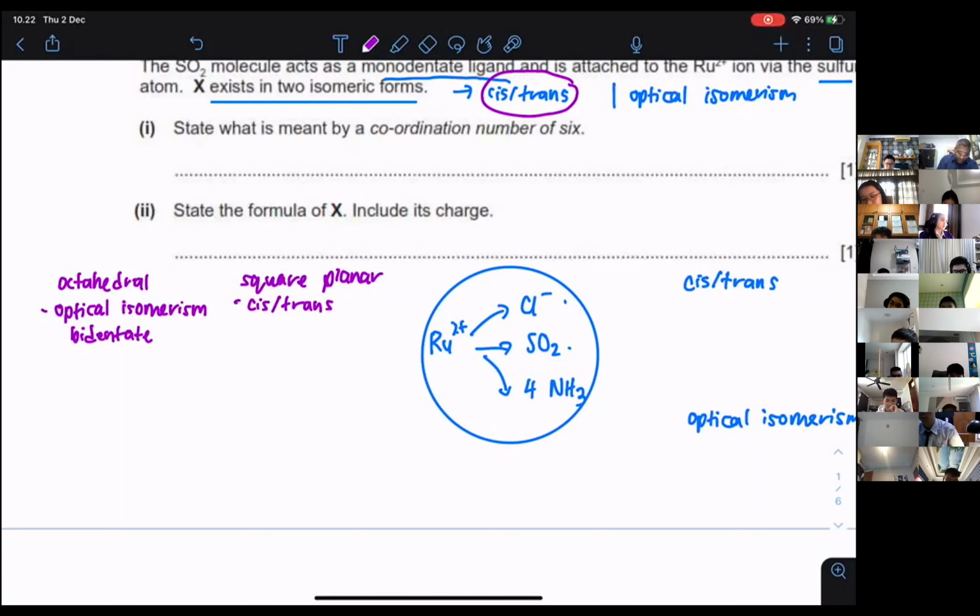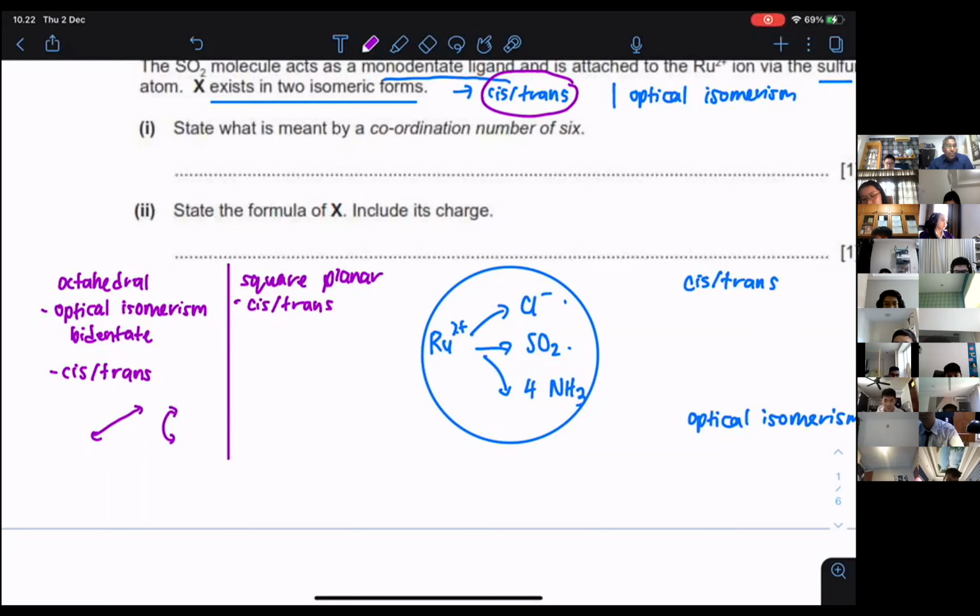But I also went through some examples in your past year paper where octahedral can also give you cis and trans, as long as the similar ligands are across, far away from each other, or they are side by side. As long as they can form like that.